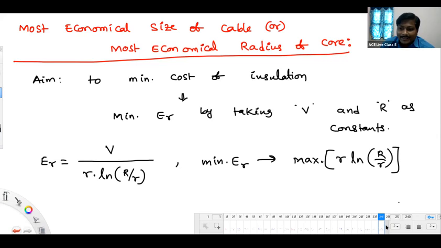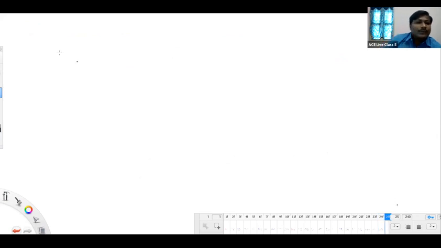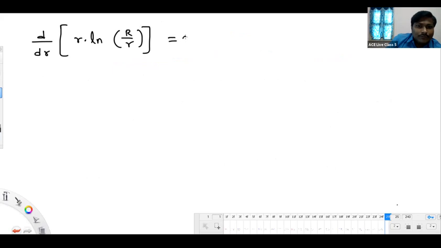So let's write now. d by d small r of small r into ln of capital R by small r is equal to 0.